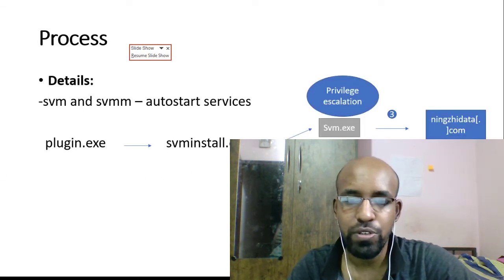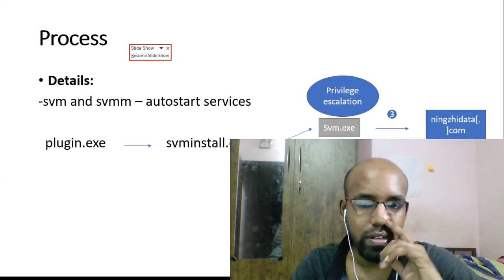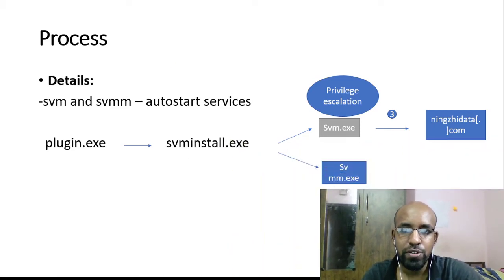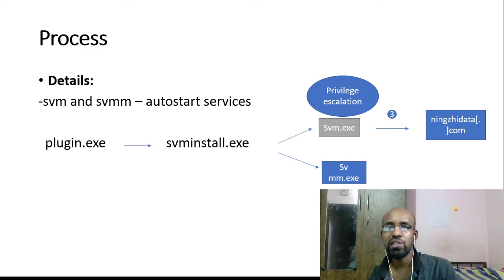Okay, let's move on. The next point is the different processes that the malware uses. It uses two things, SVM and SVMM, and they are persistent. I believe they are in auto start services, which is tied up with the registry.